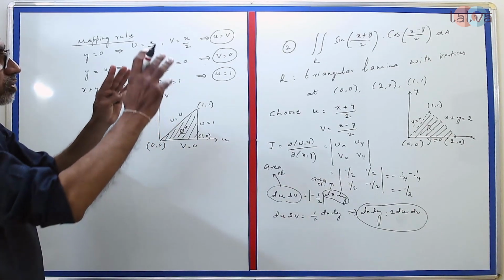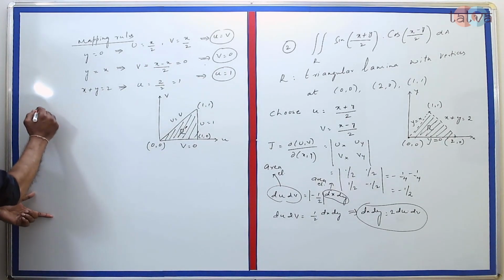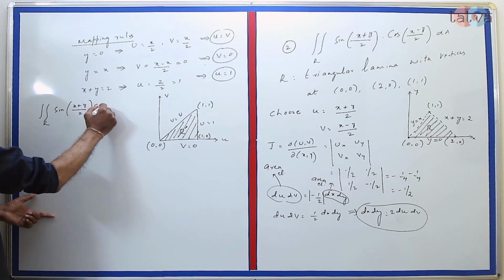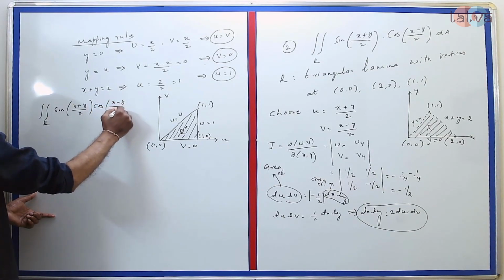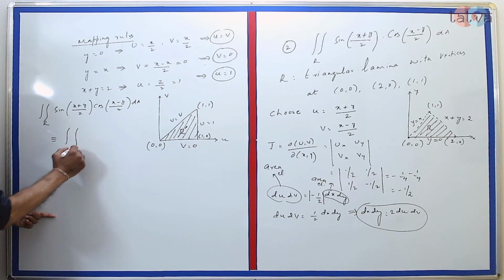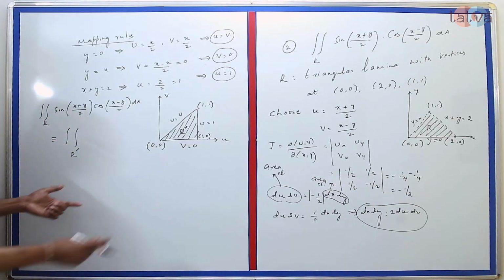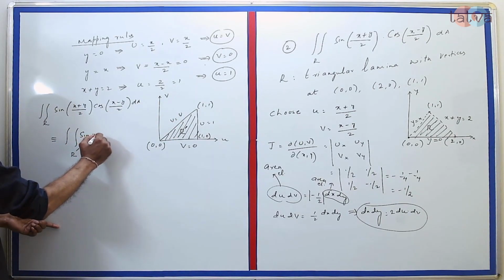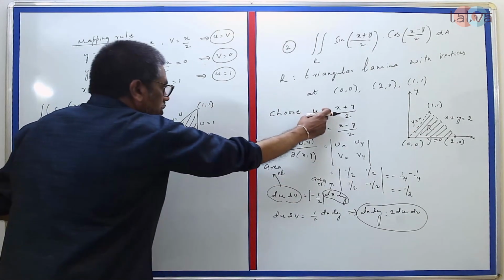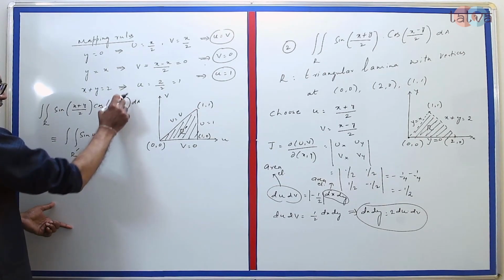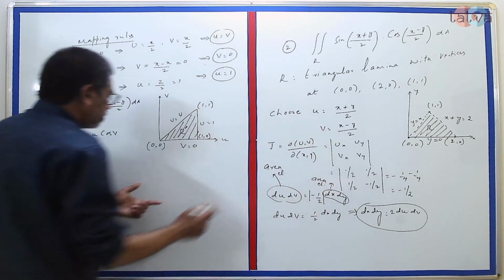So if I want to evaluate that double integral, sine of (x plus y)/2 into cos of (x minus y)/2 dA would be identically equal to the double integration over R dash, over this domain, of sine u, because (x plus y)/2 is u, multiplied by cos v, because (x minus y)/2 is v.